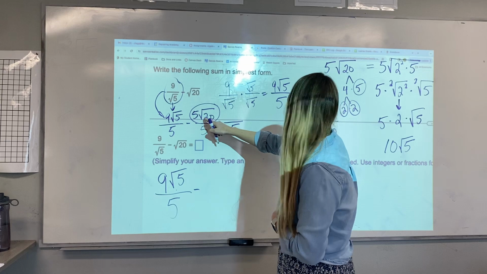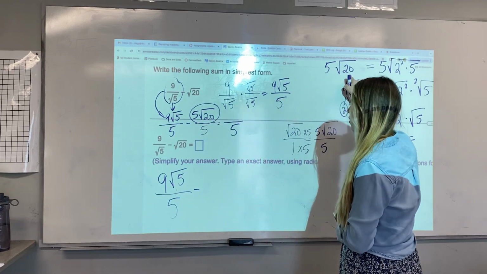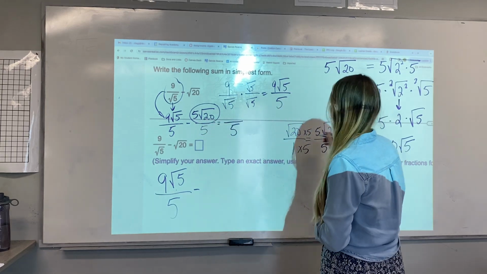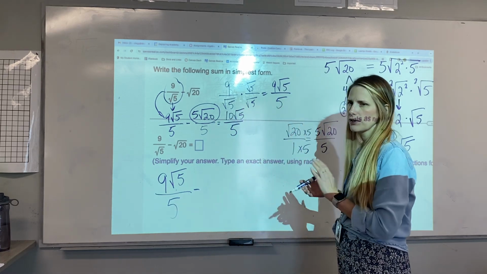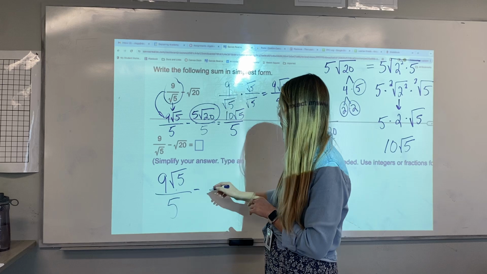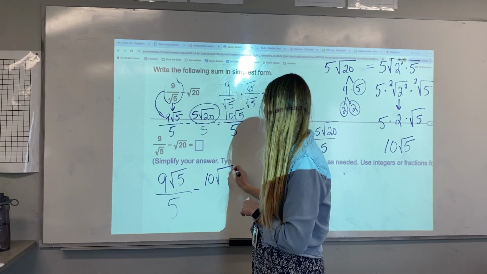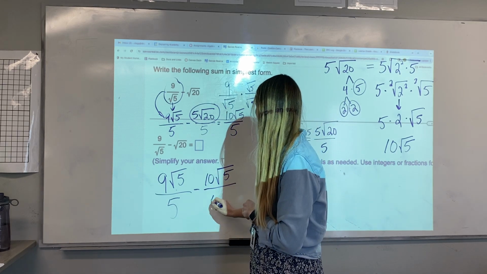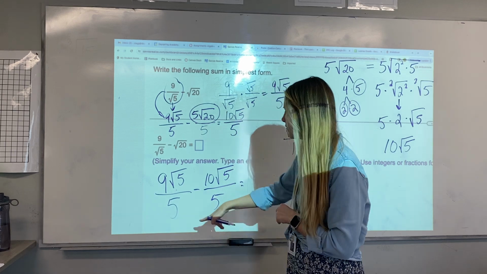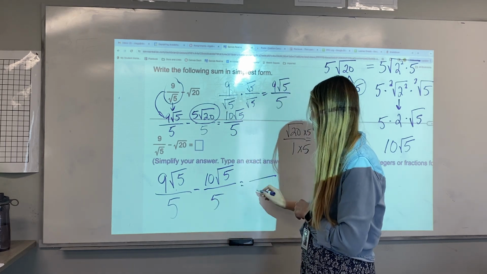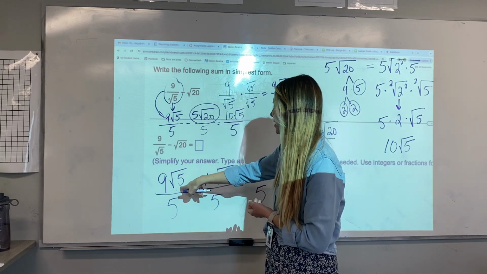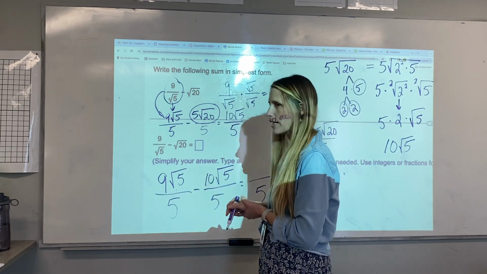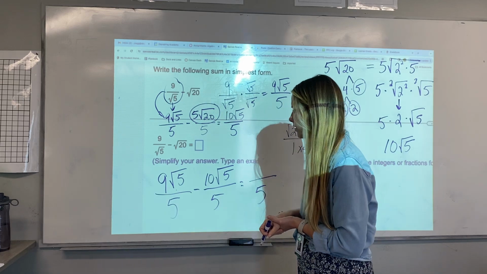Because remember, we were taking this 5 times radical 20 to turn it into 10 times radical 5. We freed those jailbirds. So we're going to minus 10 radical 5 over 5. Now we have the same denominators, so our denominator is 5. And in the numerators, our radical is the same, so we can subtract the numbers.